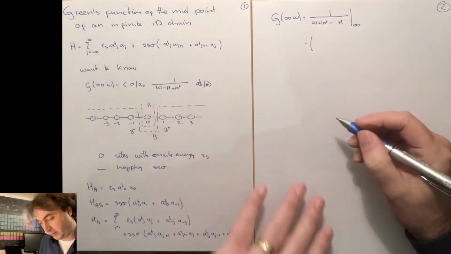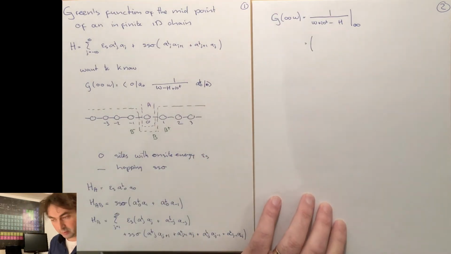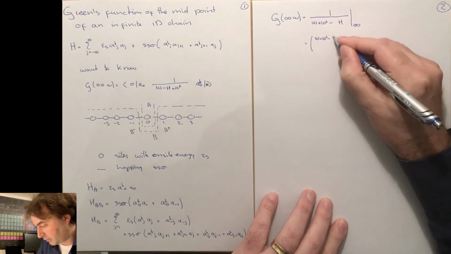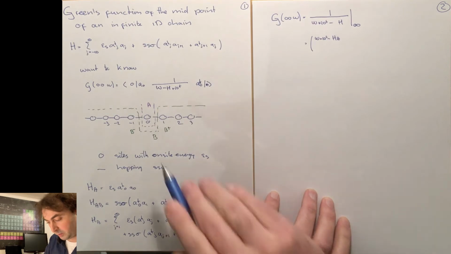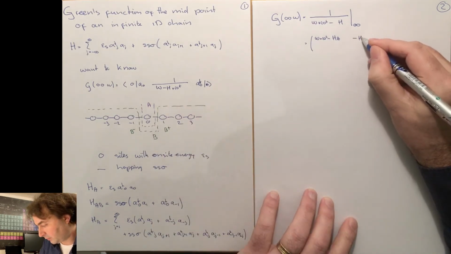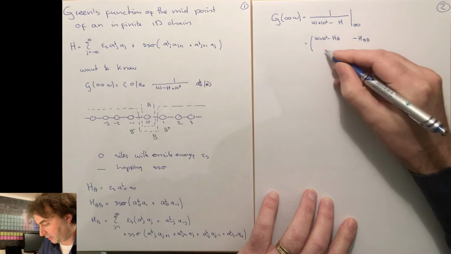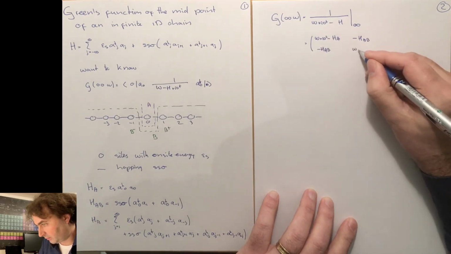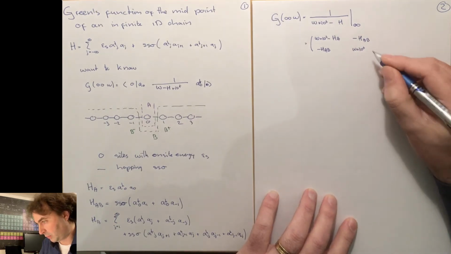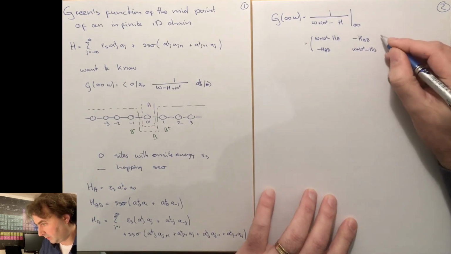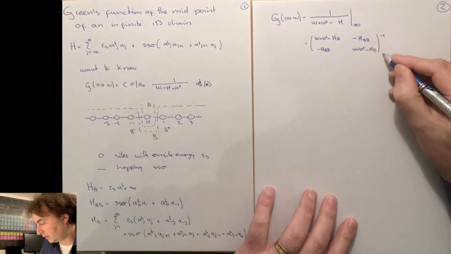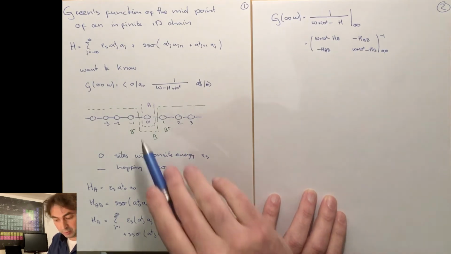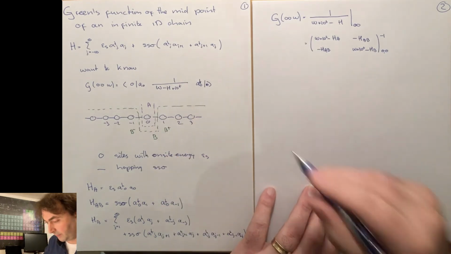Or if we write our Hamiltonian in terms of a block matrix, this is omega plus i0 plus minus the Hamiltonian for block A, decoupling from B to A or from A to B, and here omega plus i0 plus minus H B, and then the inverse, and we are looking at element 0, 0, or A A, because of course A is exactly element 0.